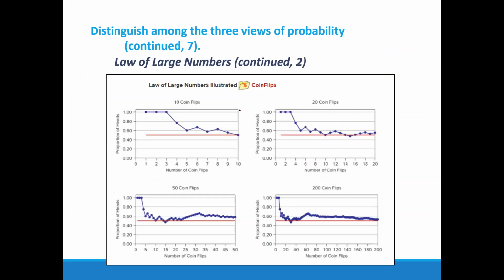To understand this, we have this graphical representation that shows the output of flipping the coin for only 10 times. The red line refers to the probability of 0.5, which is the classical probability.